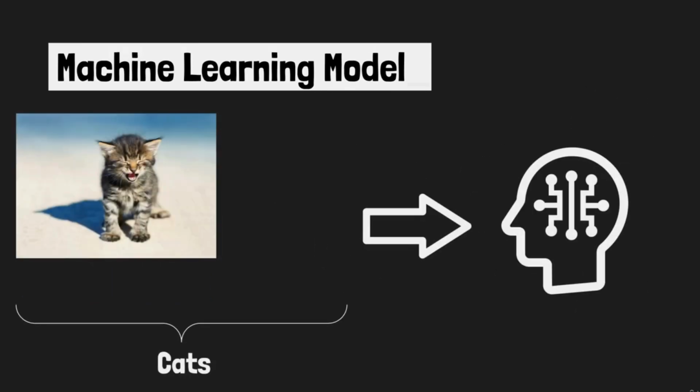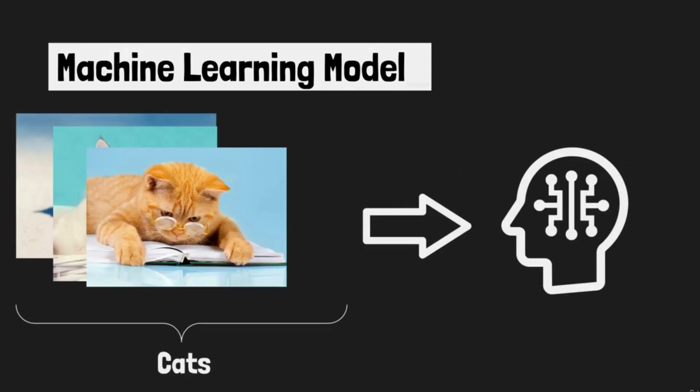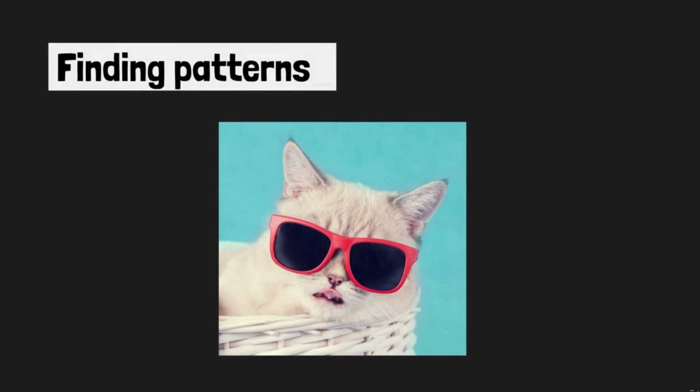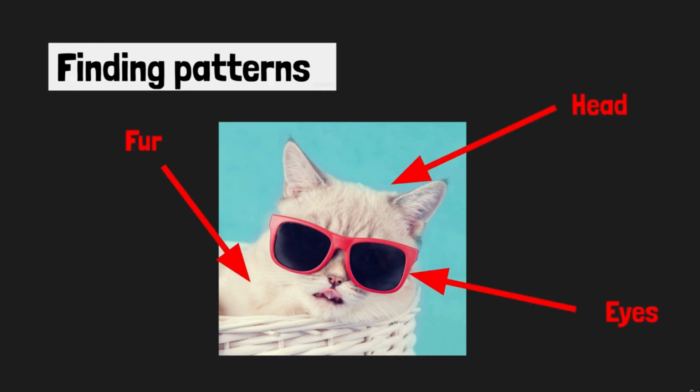First, we need a large dataset of images of cats and dogs. Apart from this, each image needs to have a label indicating if this is a cat or a dog. This is our training dataset. Next, we need to develop a machine learning algorithm which aims to identify some patterns. For example, the shape of the head, the texture of the fur, the eyes, and so on.